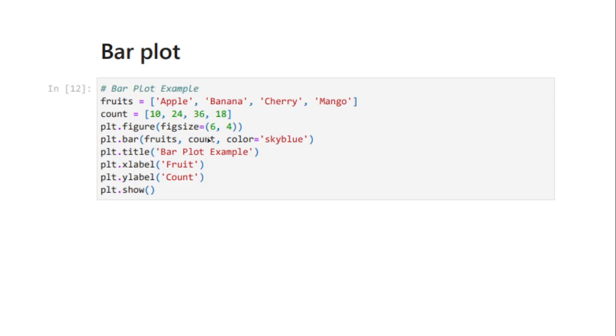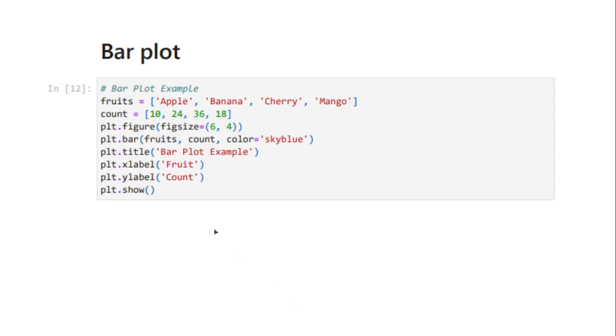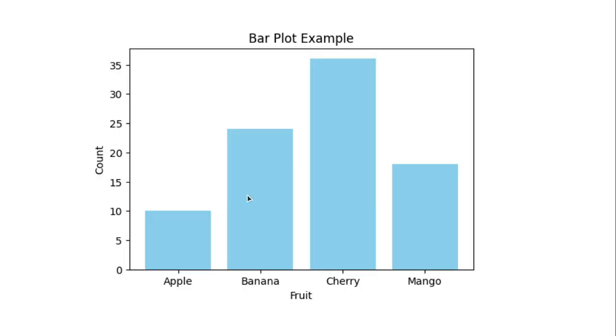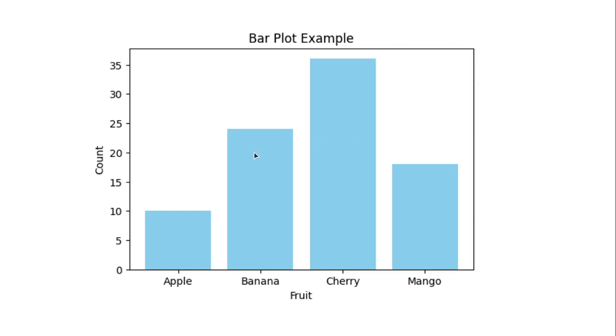So count is going to start from 0 through to 36. That's the highest number. And the title is the title for the plot. The xlabel is the label for the x values, which is fruit. Ylabel is the label for the y values, which is count. And then lastly we have plt.show, which will then display the entire visualization that we have.